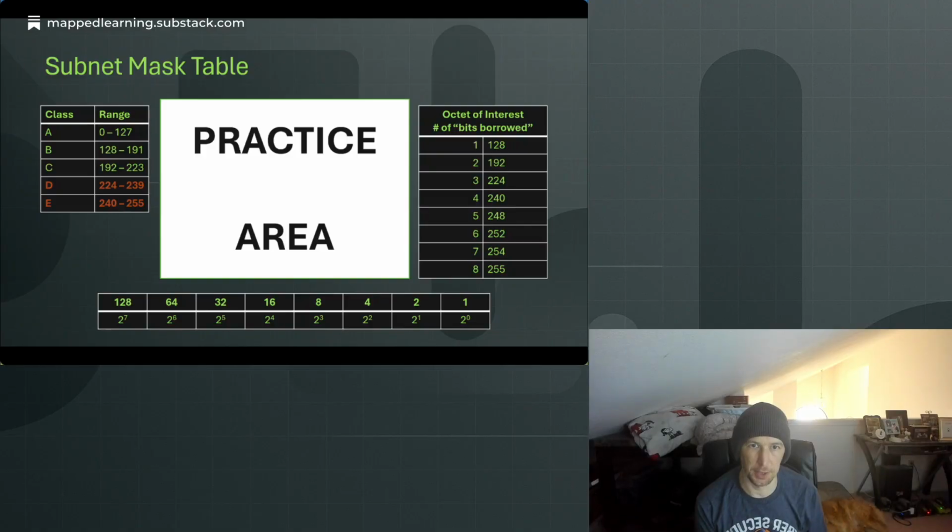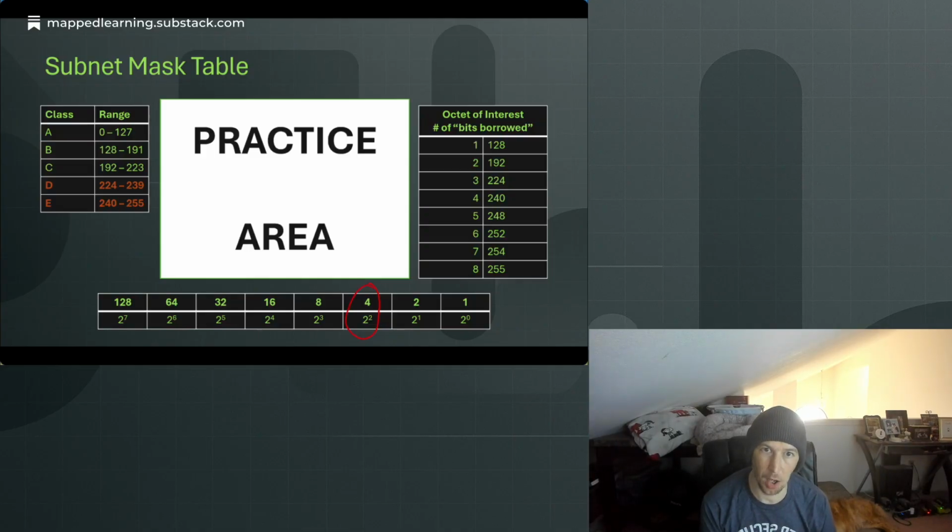And remember my trick for remembering that. Start at 2 to the power of 2 equals 4. And then on the right-hand side, you're going to write the numbers 1 through 8, and you're going to write this scale of numbers based on how many bits are borrowed from the octet of interest.